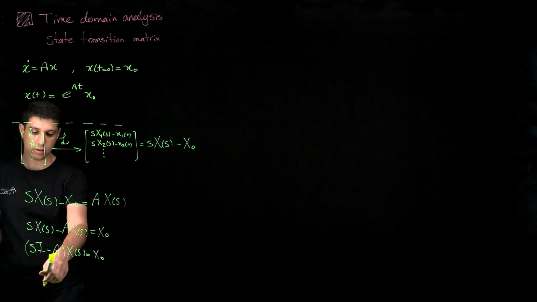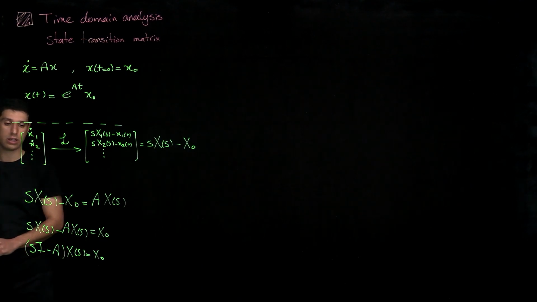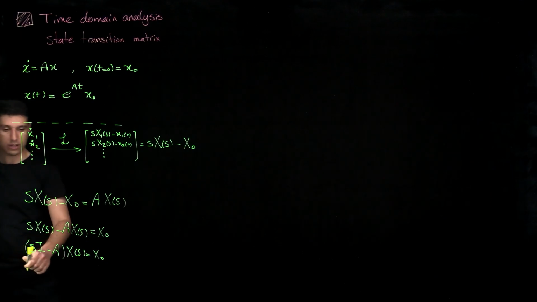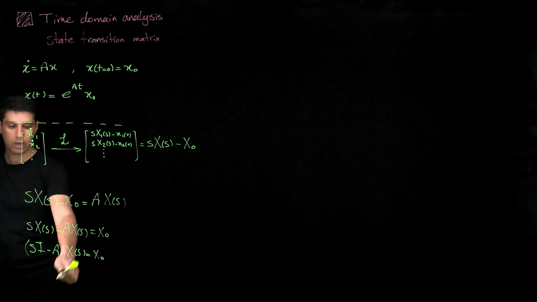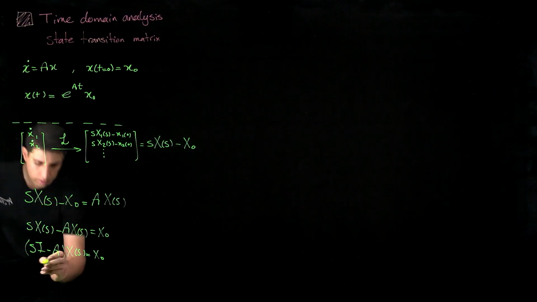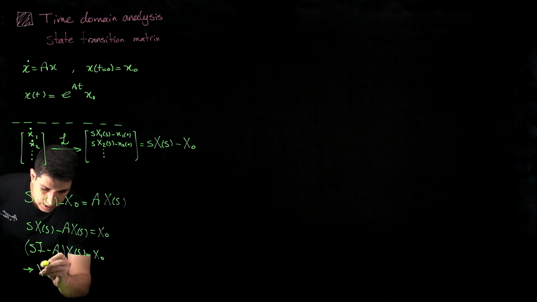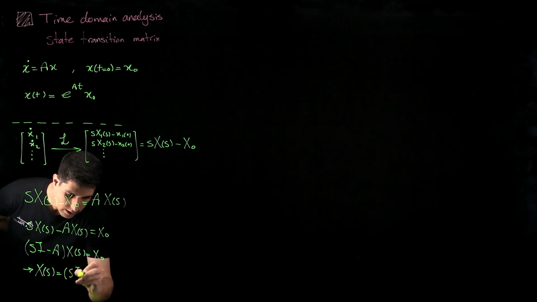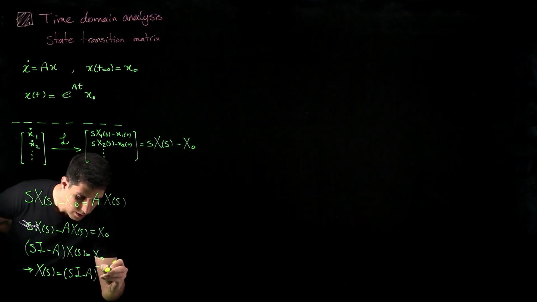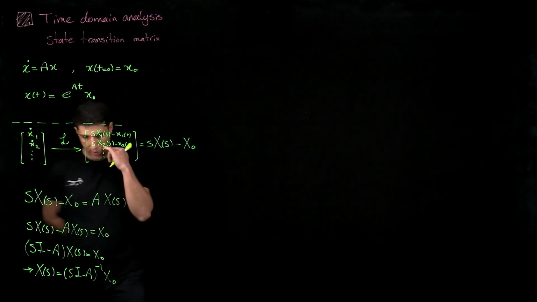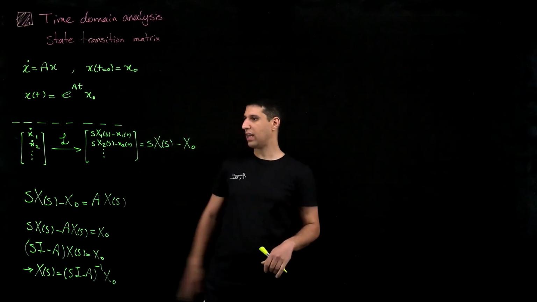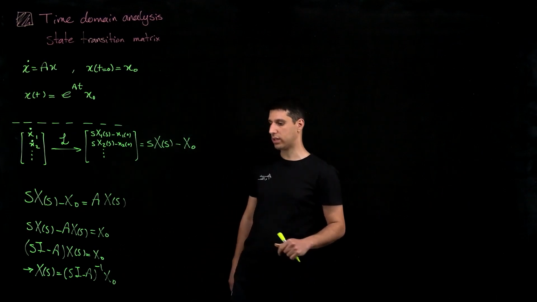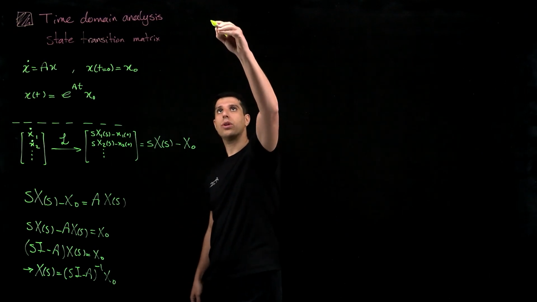And remember, it is only not invertible when s equals one of the eigenvalues of A. So other than that, for all other s values, this matrix is invertible. So X of s equals sI minus A inverse times x naught. And again, to emphasize, all of these are matrix manipulations.